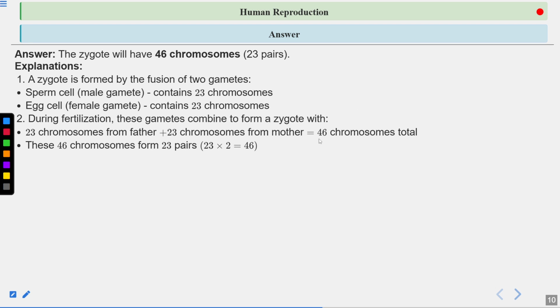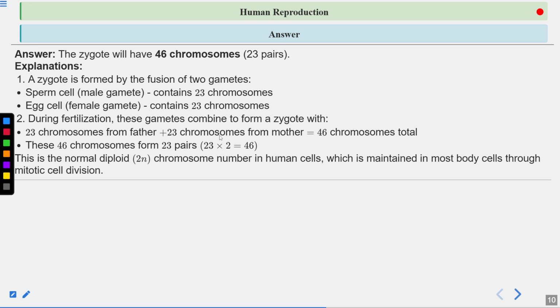So zygote will have 46 chromosomes. These 46 chromosomes form 23 pairs. So 23 into 2 is 46. One of each pair is coming from the mother, and one from the father. So this is the normal diploid 2n chromosome number in human cells, which is maintained in most body cells throughout mitotic cell division.